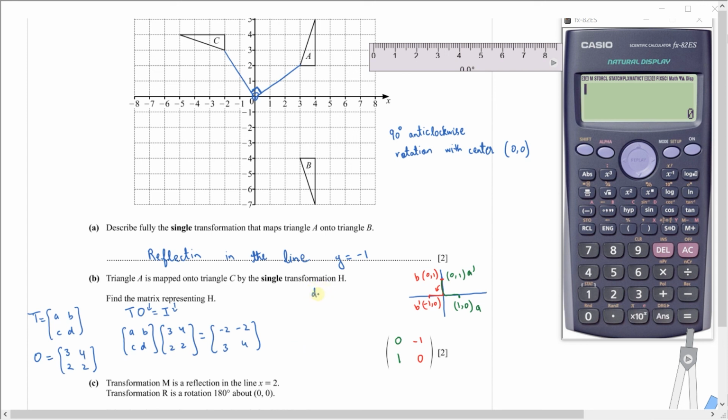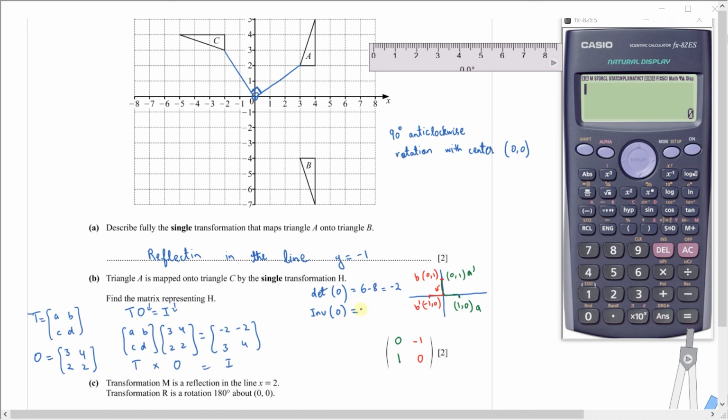So this is my transformation T multiplied by O equals the image. So I'm looking to find the inverse of O. The determinant of O will be 3 twos are 6 minus 8, which is minus 2.